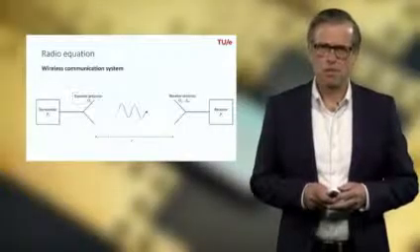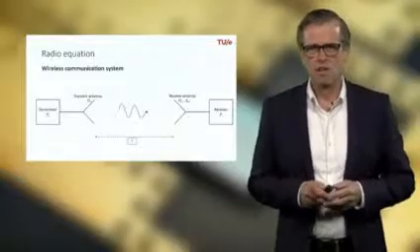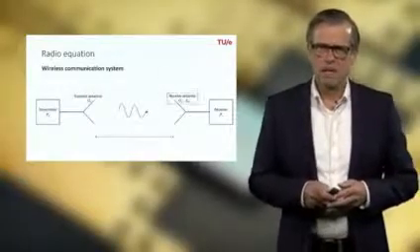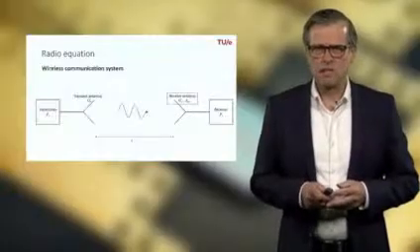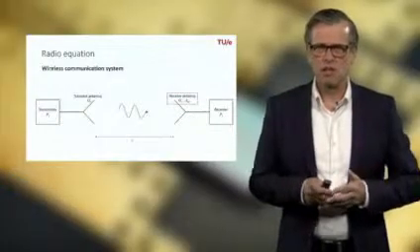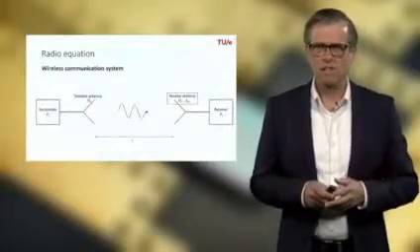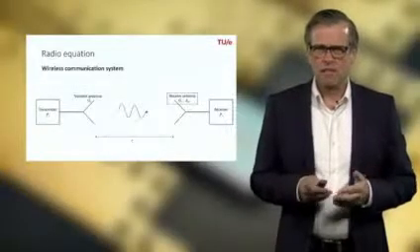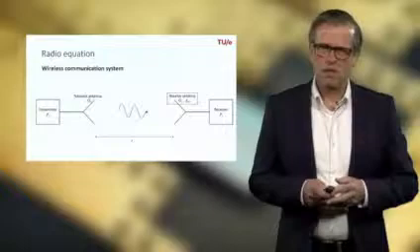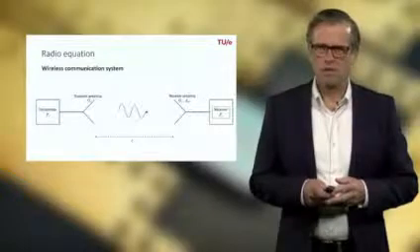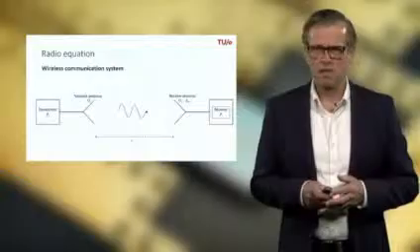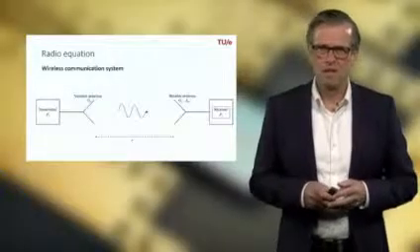The wave is propagating over a distance r towards a receiving antenna, characterized by a gain GR and an effective area. The receiving antenna again transforms the received power into power that is input for a receiver, and the received power is PR.